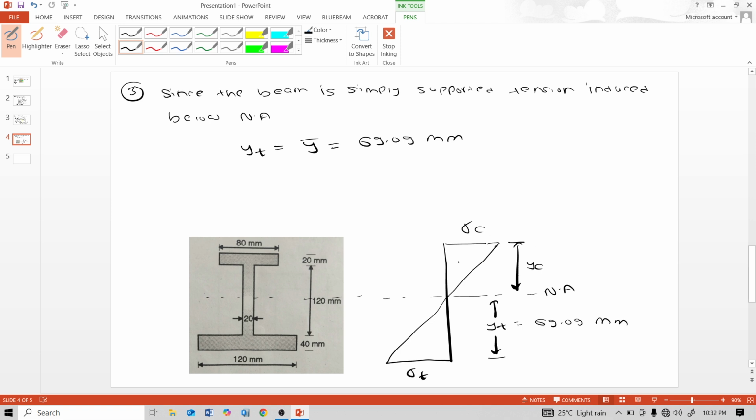This yc is the total depth, 120 plus 40 plus 20, 180 minus 69.09. Yc is equal to 180 minus yt, that means 180 minus 69.09, which is 110.91 mm.